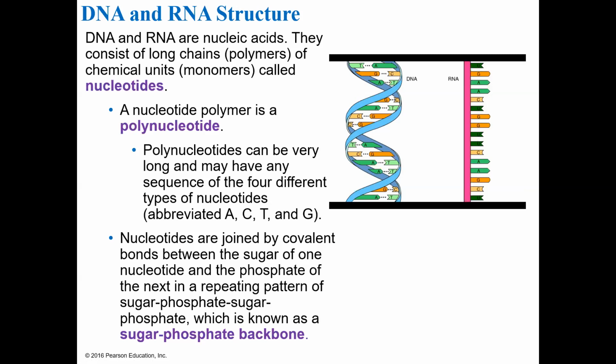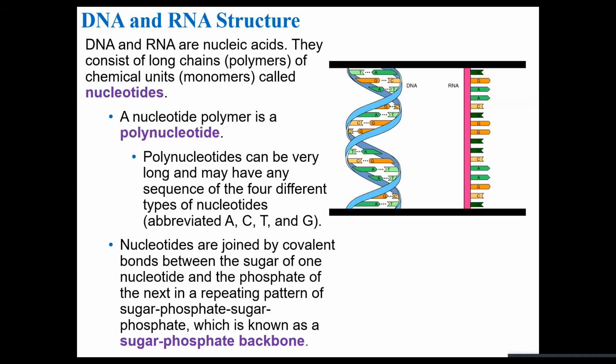All right, so polynucleotides can vary, but there's only 4 different types in DNA. There's adenine, cytosine, thymine, and guanine, also just known as the letters you see here in the middle of the screen, and that's A, C, T, and G. Now, those are just the nucleotides. We have to put them together, and more importantly, we have to have a structure to support them on. So we have to have what we call a sugar phosphate backbone, which in this picture here is the blue part.